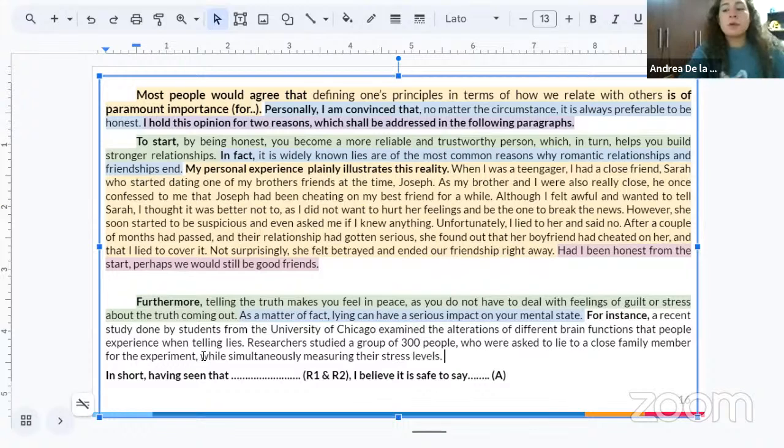Okay, so this is the description of the experiment. Researchers studied a group of 300 people who were asked to lie to a close family member for the experiment while simultaneously measuring their stress levels. So I'm describing what the experiment was about.